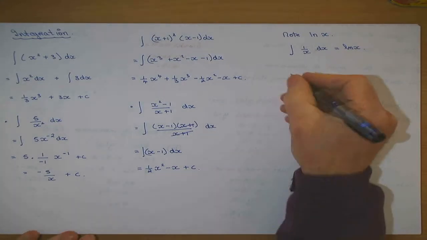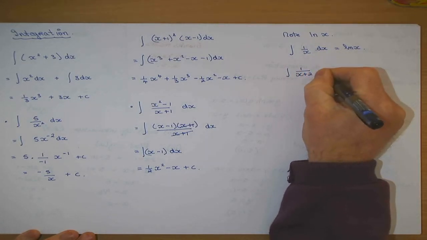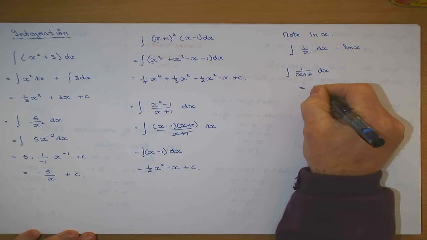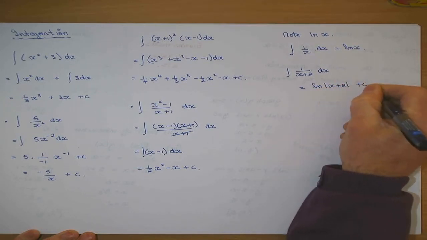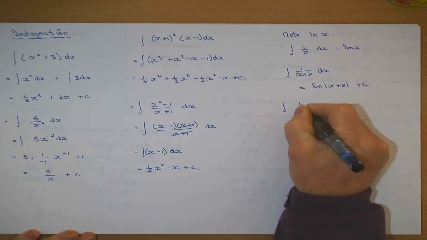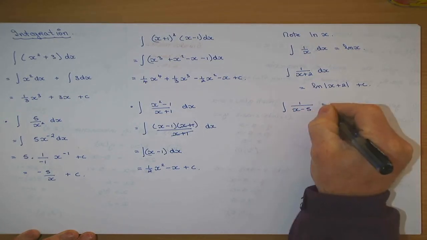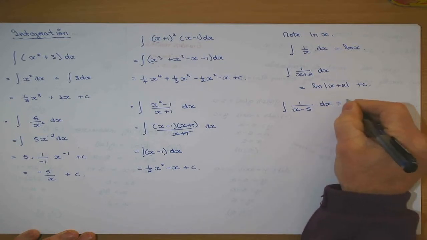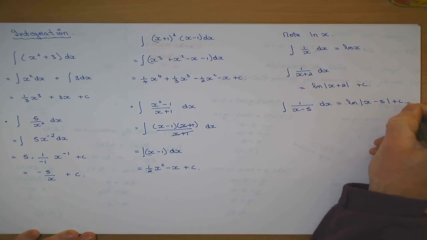Right? If I have the integral of 1 over x plus 2 dx, it is the log of x plus 2 plus c. If I have the integral of 1 over x minus 5 dx, it is the log of x minus 5 plus c.